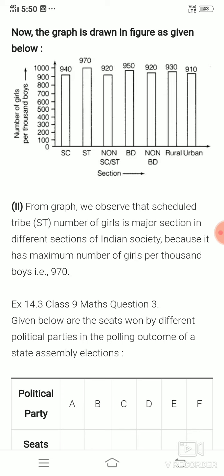The second thing we can discuss is that in each section there are no huge differences, more or less the same. The bigger number is 970, the smaller is 910, and the female rate is less than the boys' rate. For every 1000 boys we have fewer than 1000 girls. So this analysis we also have, right?